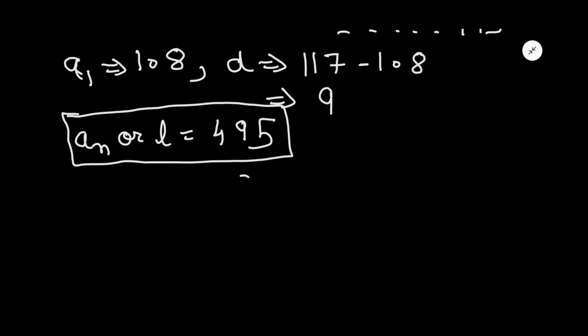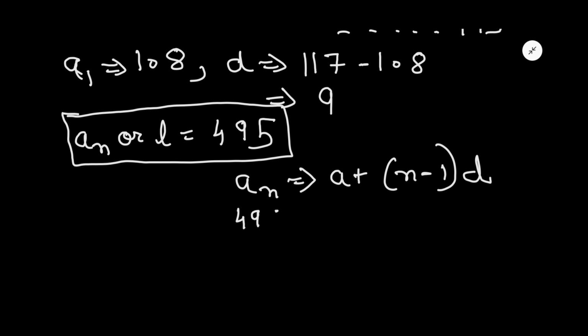So here an is equal to a plus (n minus 1)d. Our an is equal to 495. The first term is equal to 108. Common difference is equal to 9.